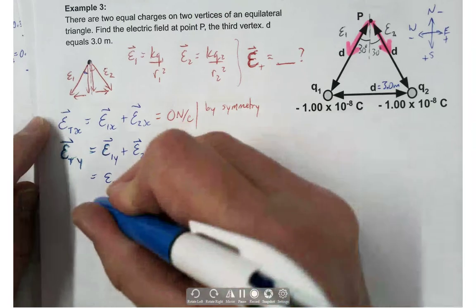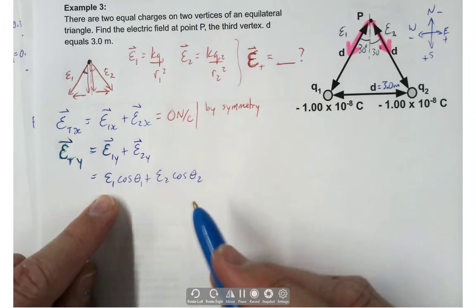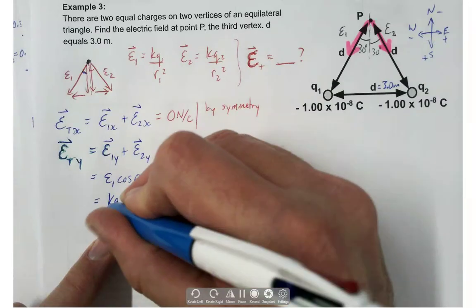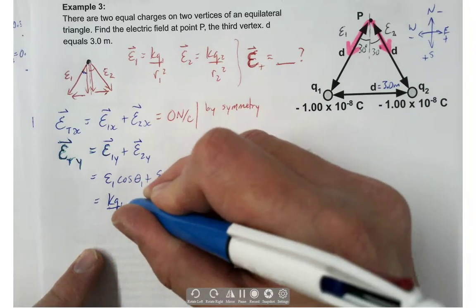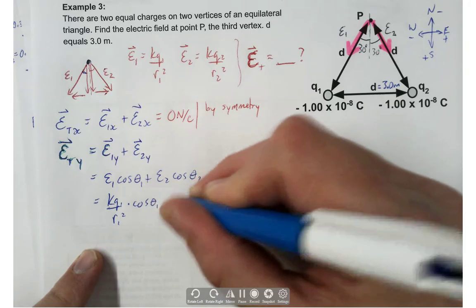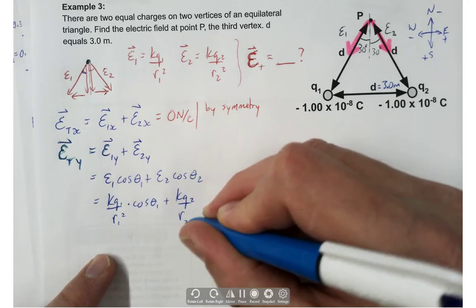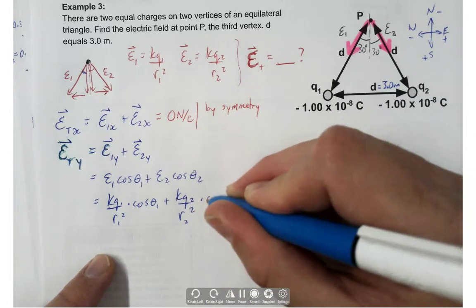If I expand out epsilon 1, remember epsilon 1 is kq1 over r1 squared. So kq1 over r1 squared times cos theta 1 plus kq2 over r2 squared times cos theta 2.